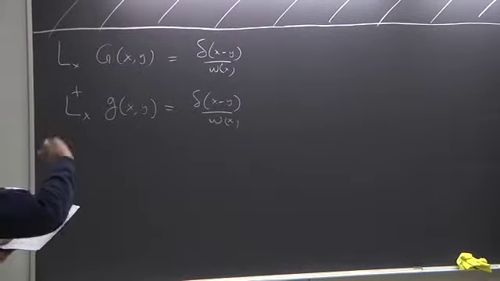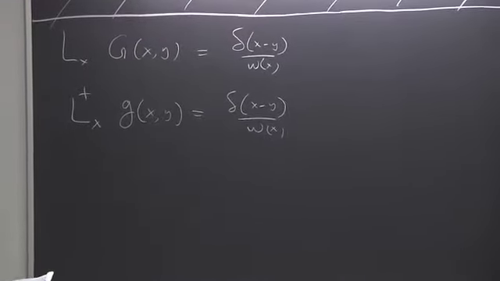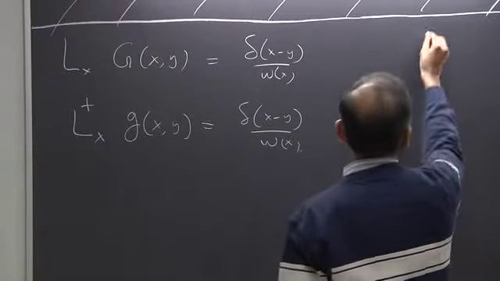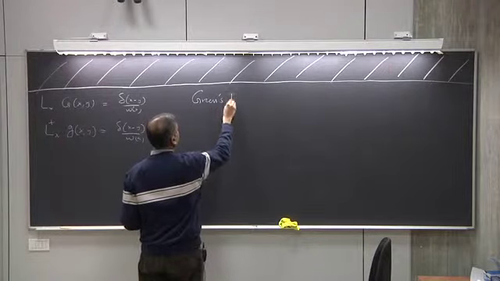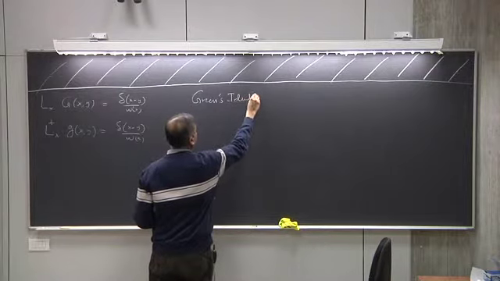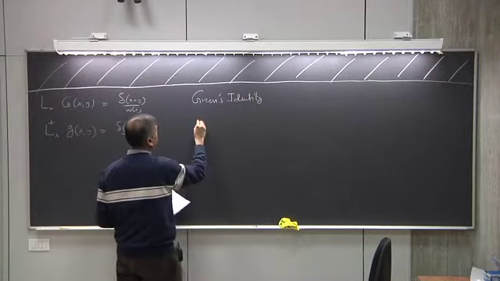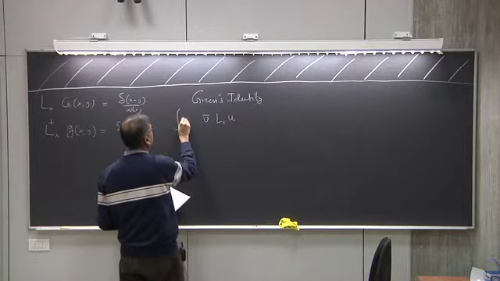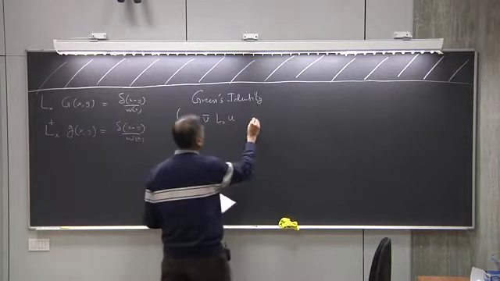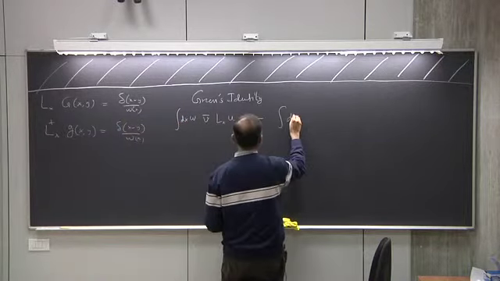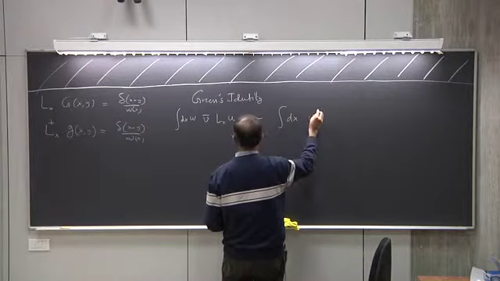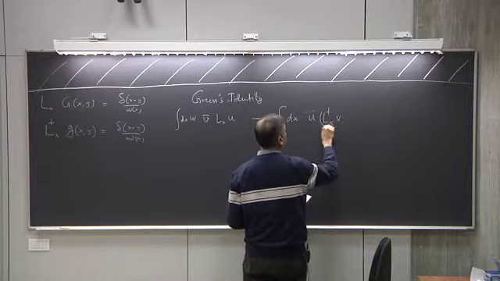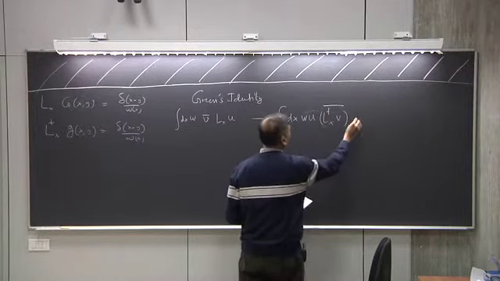Then from there we deduced several things by using Green's identity. Green's identity was that you have v bar L x u dx w minus u L dagger x v bar w, and that's equal to 0.